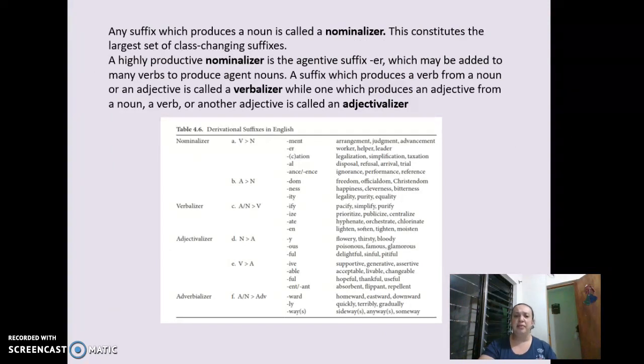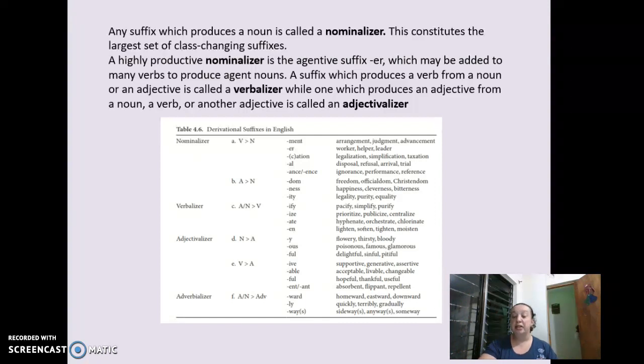In English there are many derivations, and depending on the derivation its name differs. For example, when it produces a noun, then it is a nominalizer. When it produces a verb, its name is called a verbalizer.